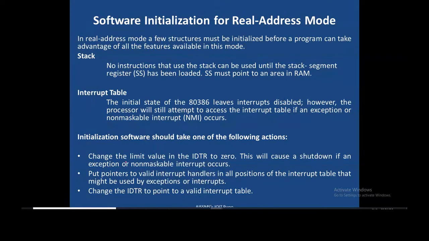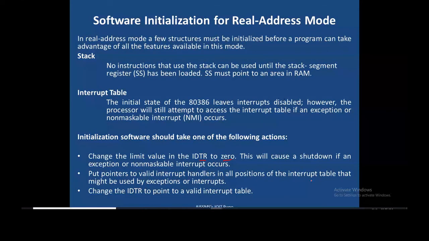Then initialization software should take the following actions. First, change the limit value in the IDTR to 0. We already saw that the initial value in the IDTR register is 0. Then put pointers to valid interrupt handlers in all positions of the interrupt table, so that they might be used by the exceptions or the interrupts.